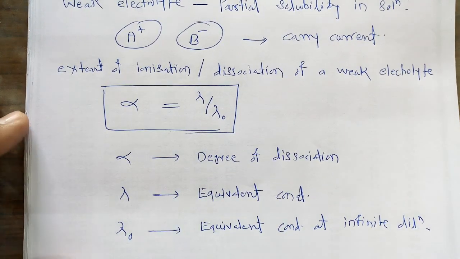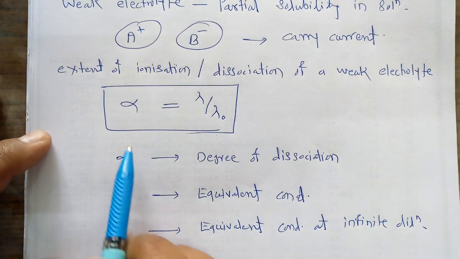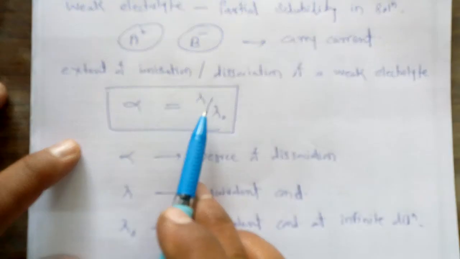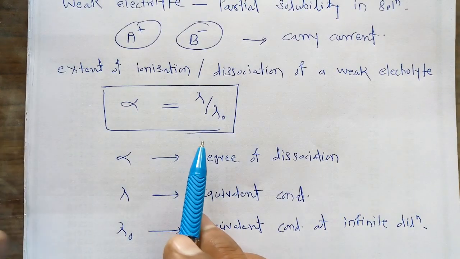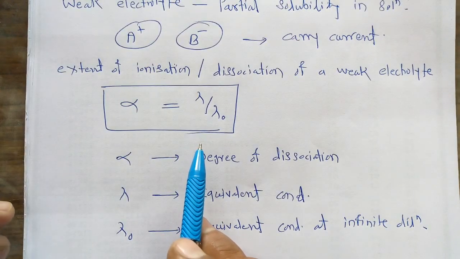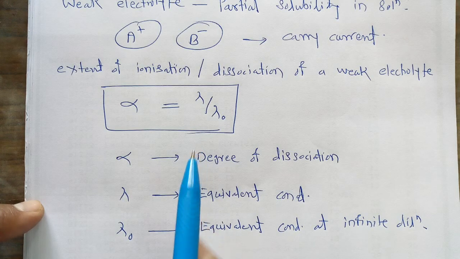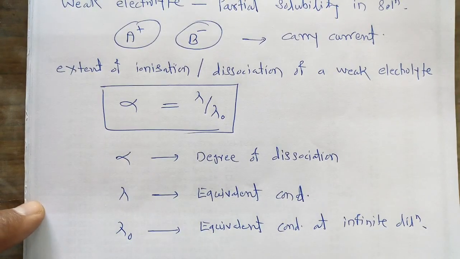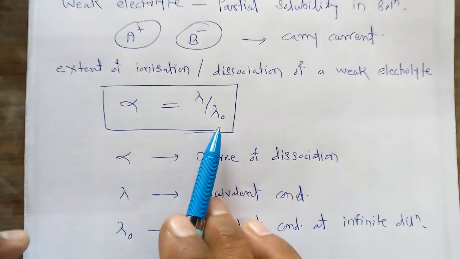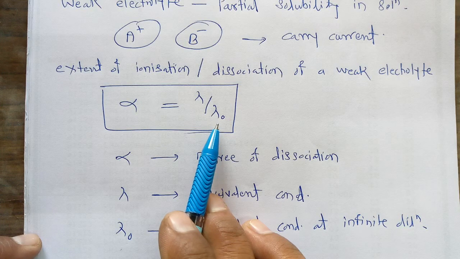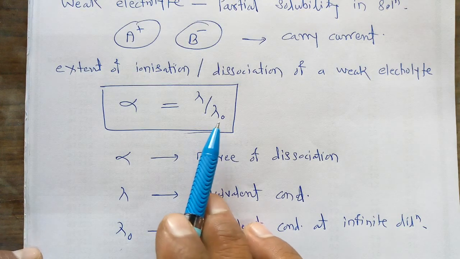From this equation we can say that the degree of dissociation is directly proportional to the equivalent conductance for the weak electrolyte. If its equivalent conductance is more, then the maximum number of ions are obtained due to more dissociation of the electrolyte, while it is inversely proportional to the equivalent ionic conductance at infinite dilution.